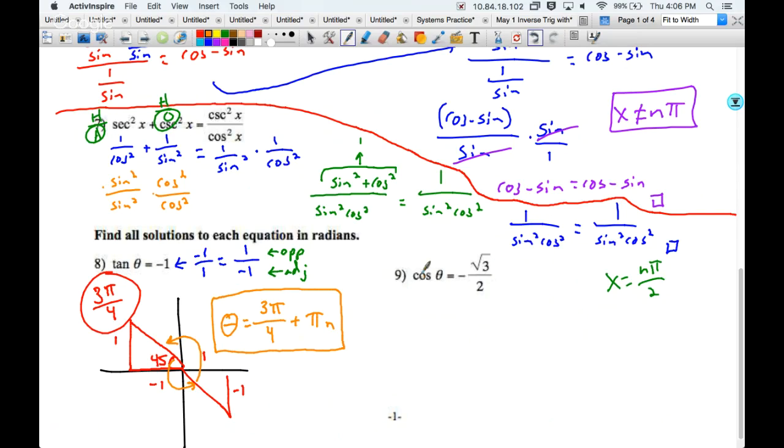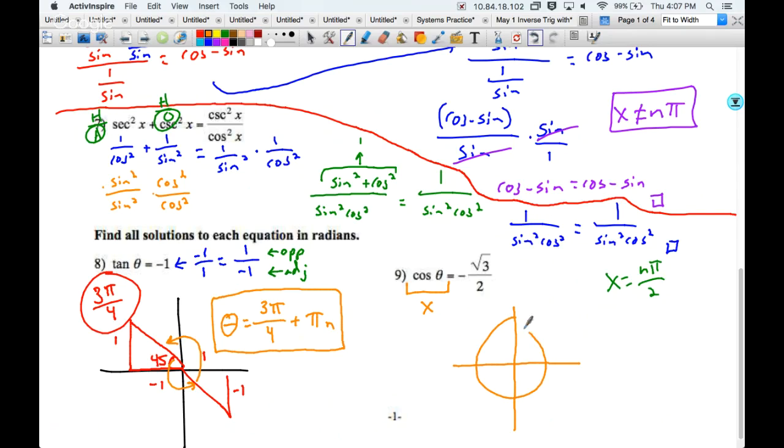All right, when is cosine of theta equal to -√3/2? Well, if I get out my unit circle, and I remember that cosine of theta is the x value in the unit circle, I can probably find these. Let me actually get my unit circle. And I'm looking for when the x value is equal to -√3/2.